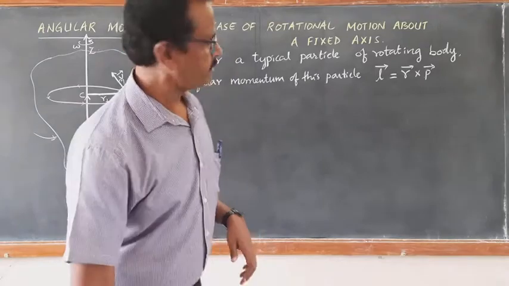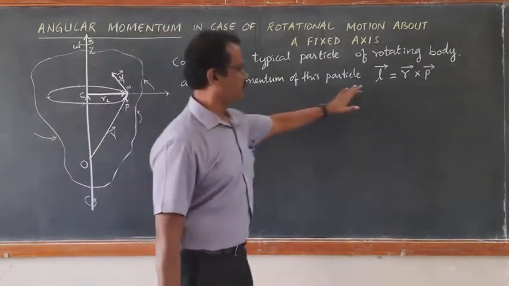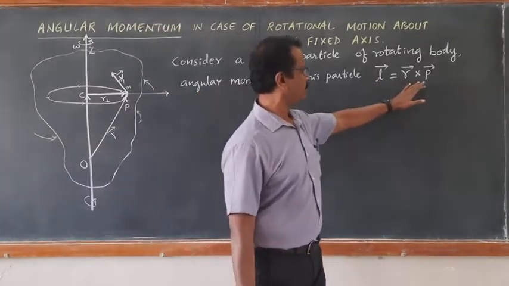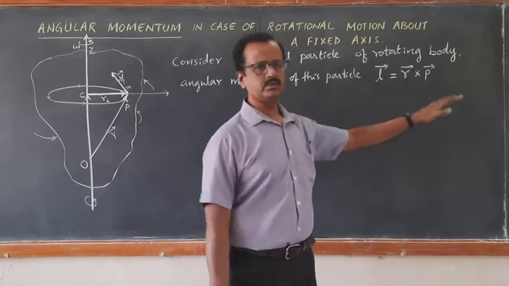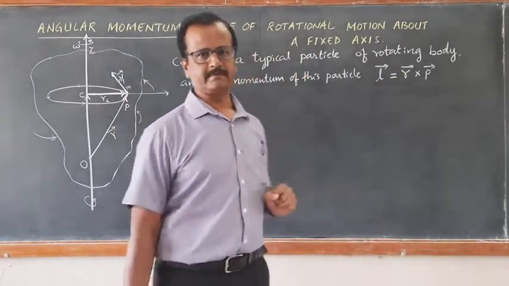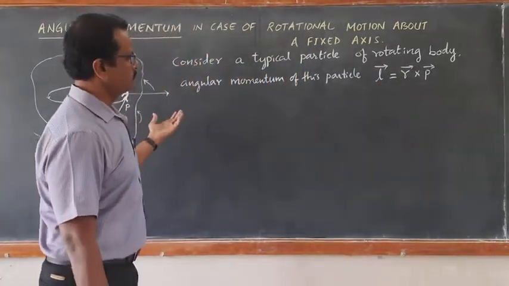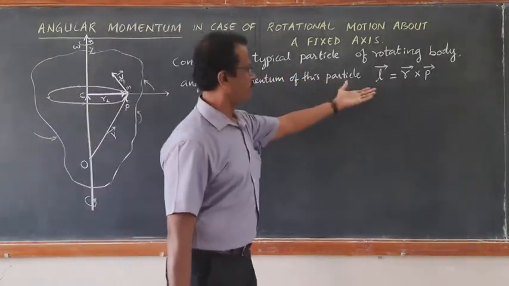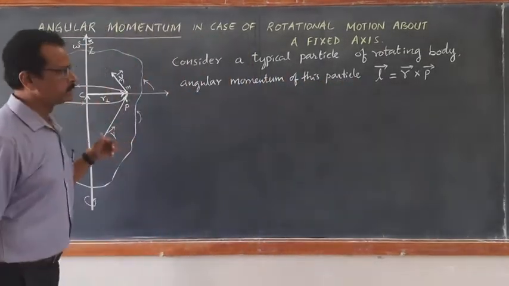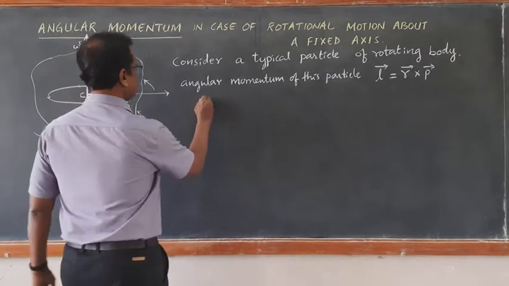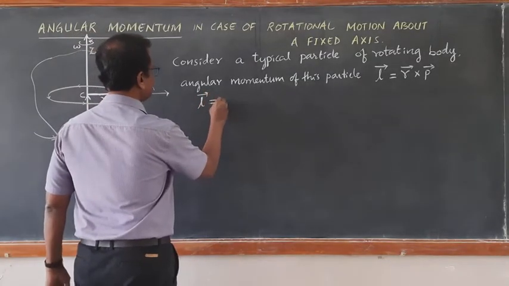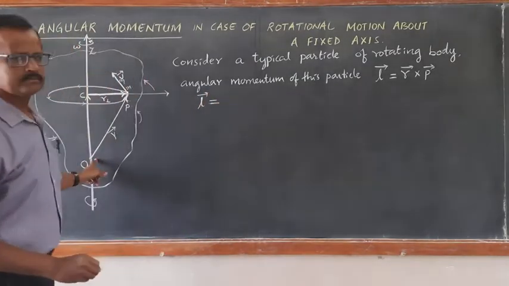Now let us calculate the angular momentum of this particle. Angular momentum of this particle is given by L vector equals r cross p vector. Let us calculate this r cross p vector from the vector diagram. I will write once again: L vector is equal to r. What is r from the diagram?